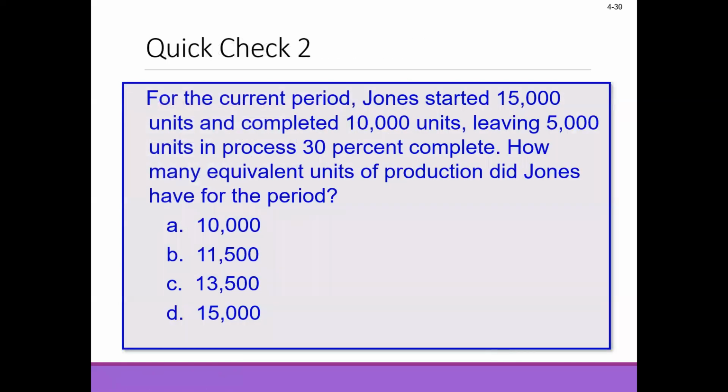For the current period, Jones started 15,000 units and completed 10,000, leaving 5,000 units in process, 30% complete. How many equivalent units of production did Jones have for the period? What do y'all think?